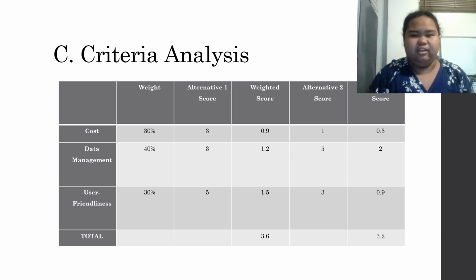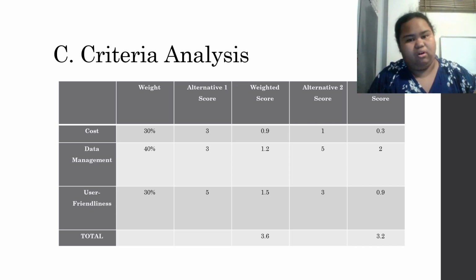So, applying the criteria analysis, we have weighted the cost at 30%, data management at 40%, and user friendliness at 30%. For alternative 1, we have scored it as 3 for cost, 3 for data management, and 5 for user friendliness.